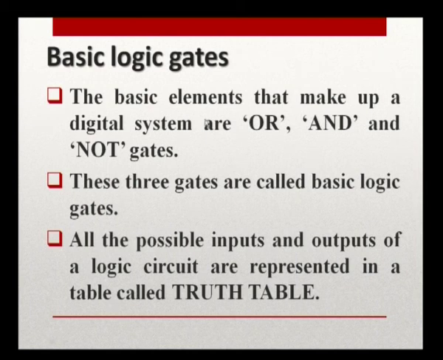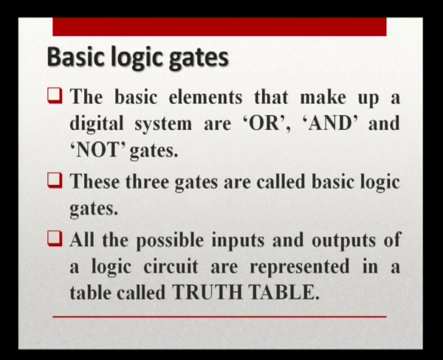So, OR is one logical operator, AND is one logical operator, NOT is one logical operator. The circuits which produce these operations are called the gates. So, these are the main 3 gates. These 3 gates are called the basic gates.